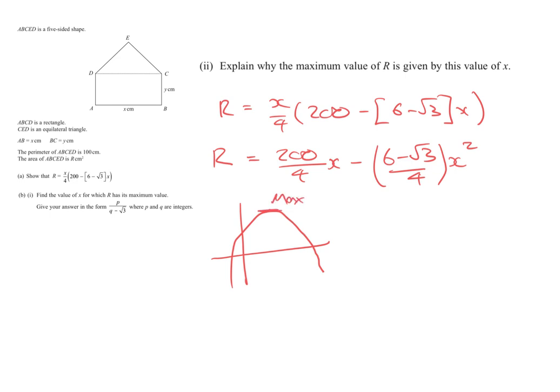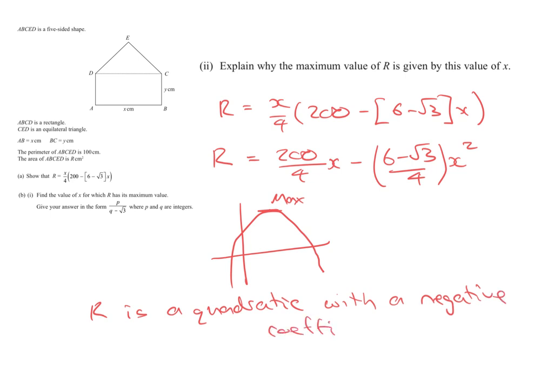So all you need to say is R is a quadratic with a negative coefficient of x squared. You don't need to draw it, you don't need to work out any of the algebra there. You identify it yourself by looking at the equation, and that's your statement, and that gets you the full marks.